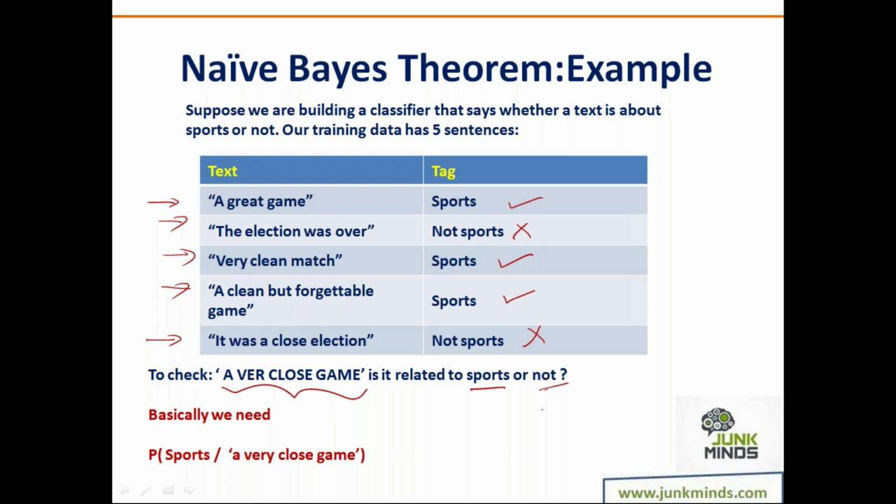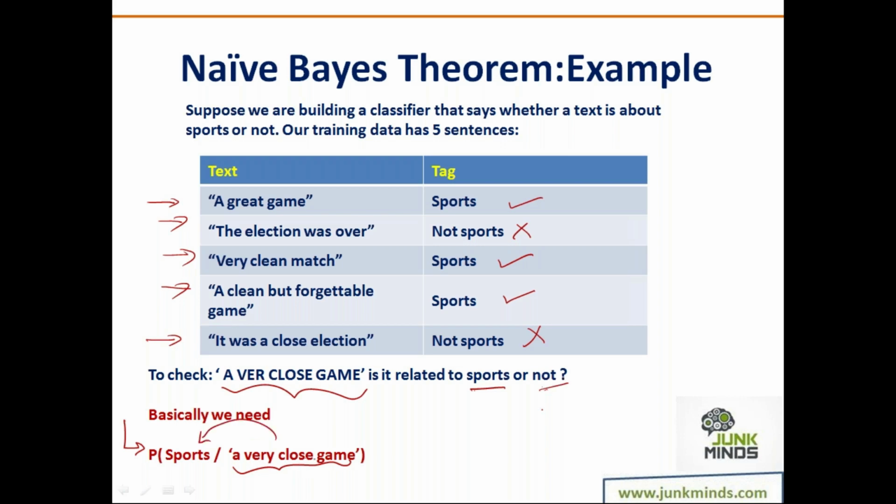Okay, observe this. Now, suppose I've been given this particular statement, a very close game, and I want to say whether it is pertaining to sports or not. So the posterior probability that I'm required to calculate is: what is the probability that this data, a very close game, is related to sports.